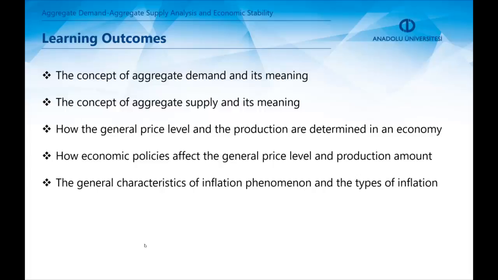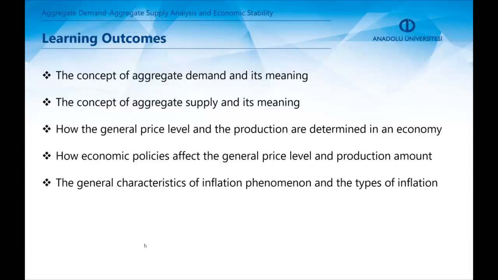when we look at the learning outcomes, firstly, we will cover the concept of aggregate demand and its meaning. For the second outcome, we will cover the concept of aggregate supply and its meaning. And then, after the demand side and supply side, we will focus on how the general price level and the production are determined in an economy.